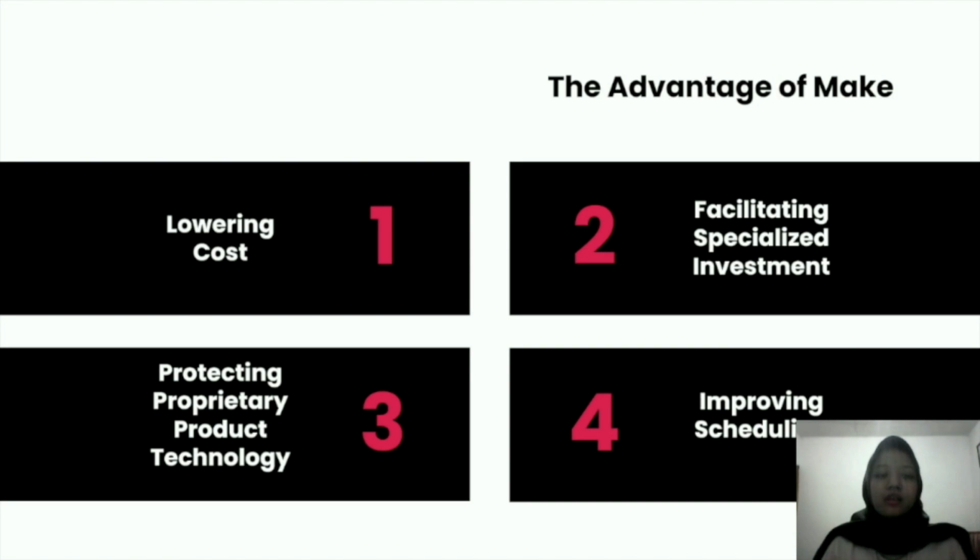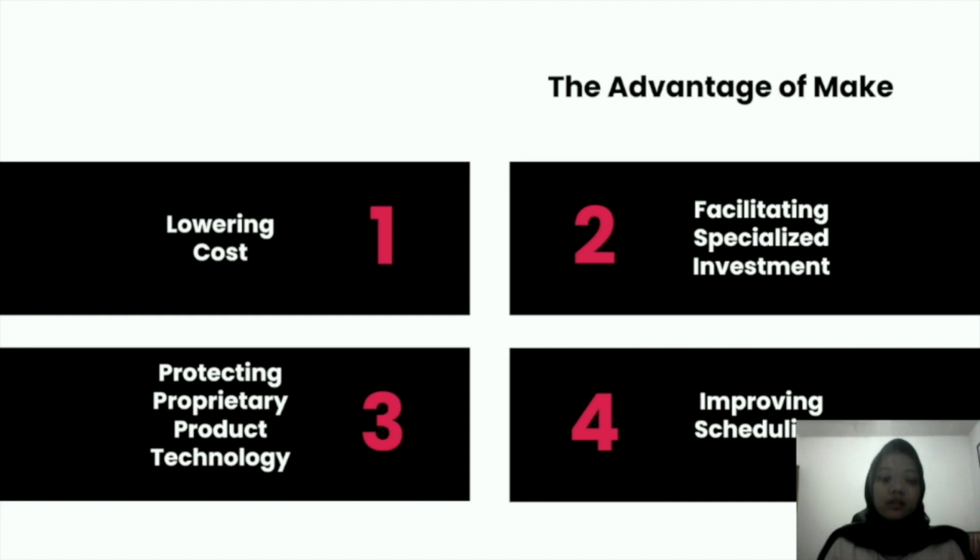And the last one is improving scheduling. For international business, solving worldwide scheduling problems can be exacerbated by the time and distance between the firm and its suppliers. This is true whether the firms use their own subunits as suppliers or use independent suppliers.